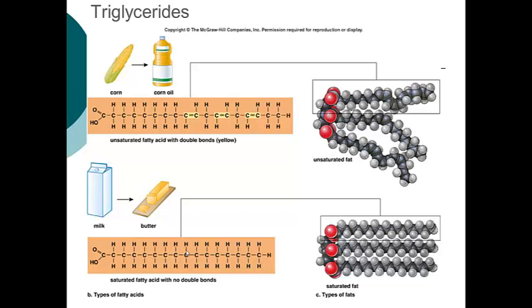For this reason, when we put these molecules together, when we bind them to this glycerol, you can see that the unsaturated fatty acids have little kinks where these double bonds are located, which means that they have a lower density.